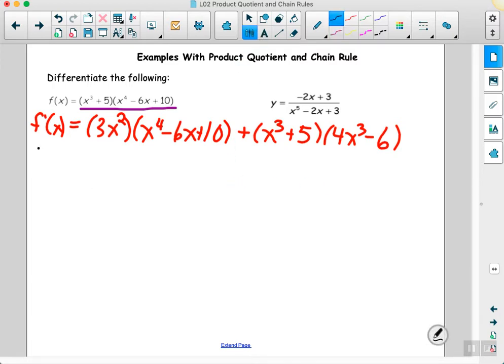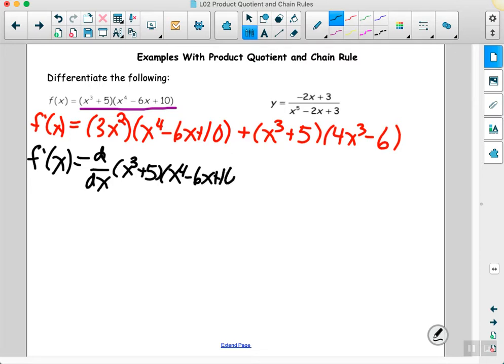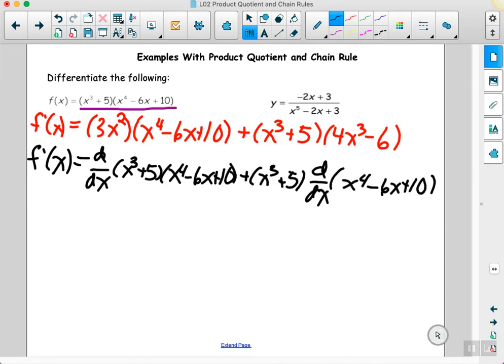If you want to make it clear to the grader what you're doing, I guess I could have put d by dx of x cubed plus 5 times x to the 4th minus 6x plus 10, plus x cubed plus 5 times d by dx of x to the 4th minus 6x plus 10.